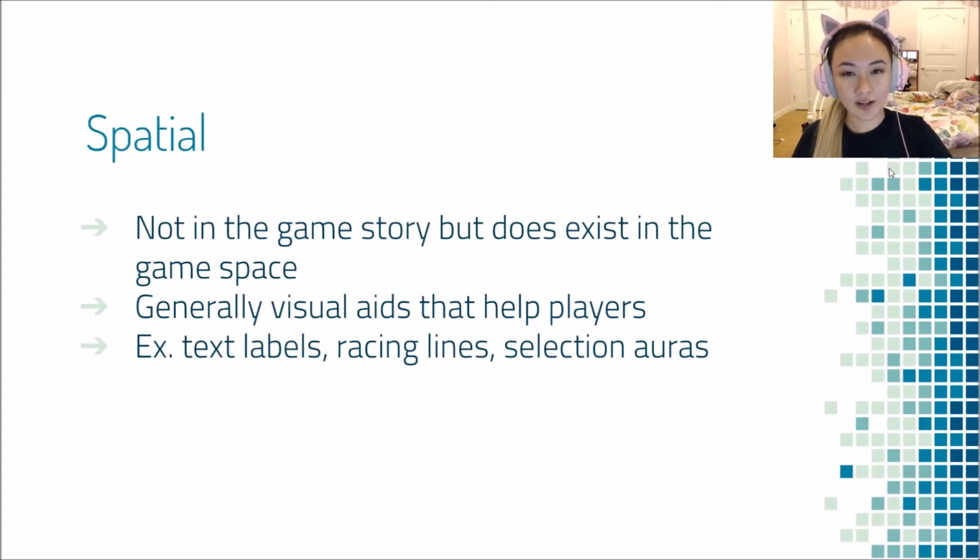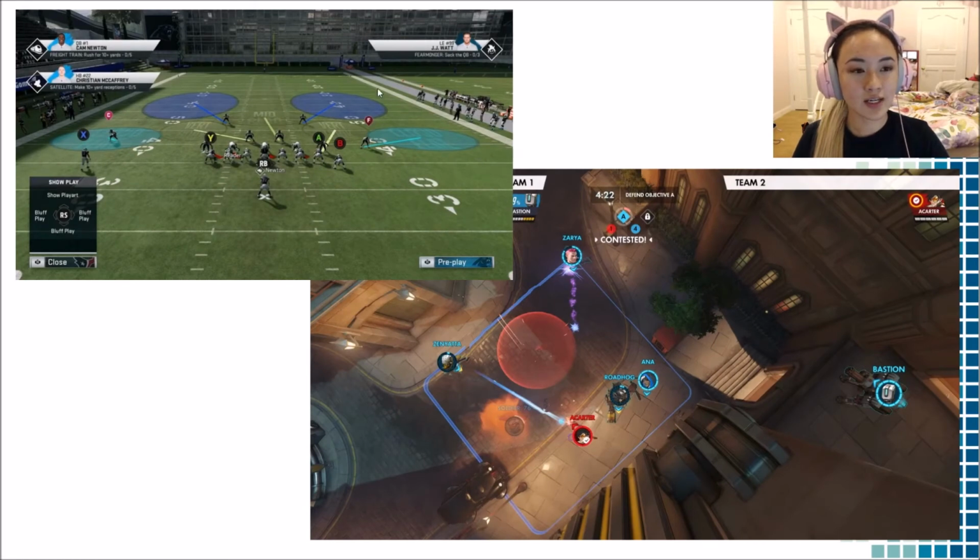Spatial components are components not in the game story, but that do exist in the game space. They're generally visual aids that help the player select objects or indicate important aspects of the game. For instance, text labels, racing lines, and selection auras. In these images here, you can see in the upper left-hand corner, this is a screen grab from Madden, how these little blue circles here are spatial indicators.